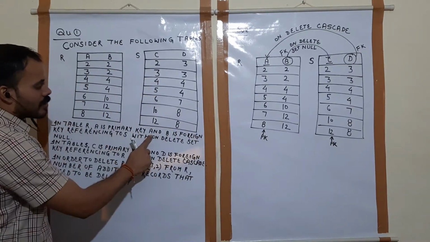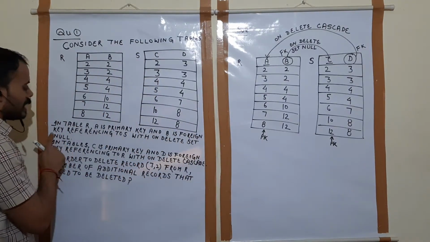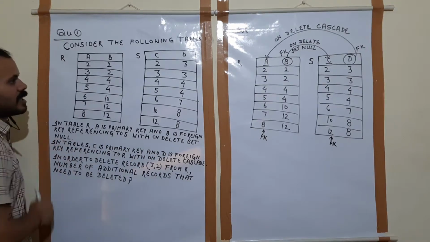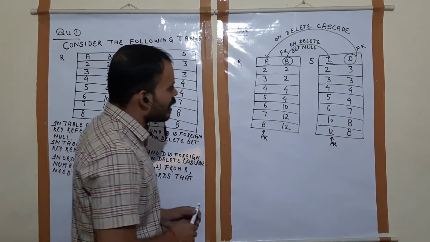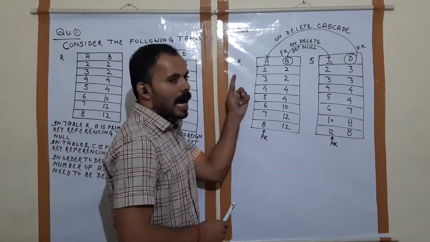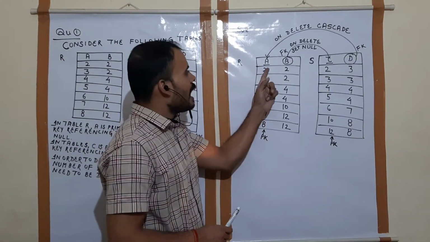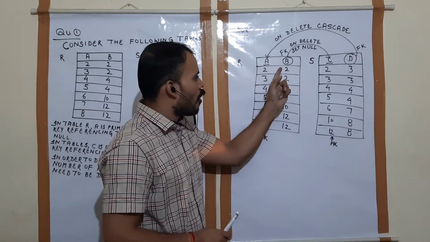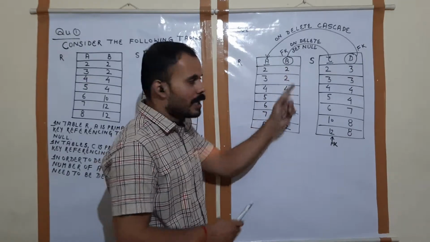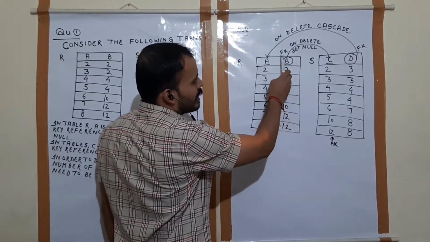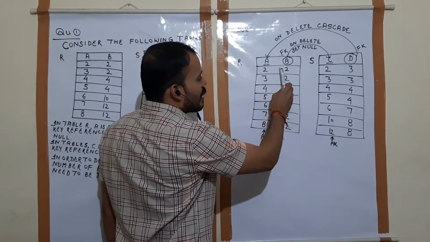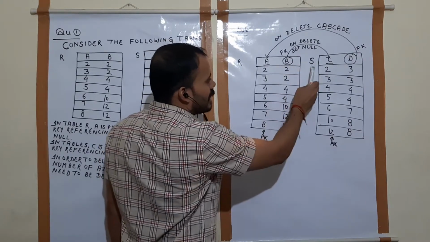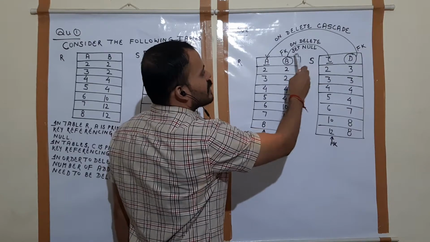Understood? And B is foreign key referencing S with on delete set null. See here, in table R, A is primary key and B is foreign key, and it is referencing to table S with on delete set null.